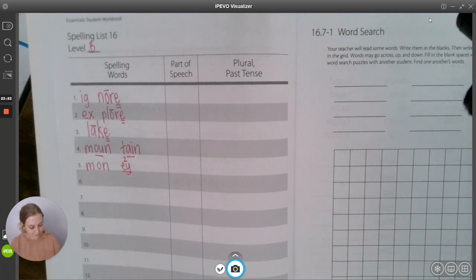Number 6, pester. Say pester. Please do not pester your brother. That means like to bug. Don't bug your brother. 2 syllables in the word pester. First one is pes. Let's sound it out. P-E-S. Finger spell.